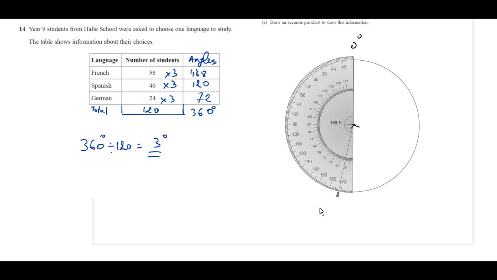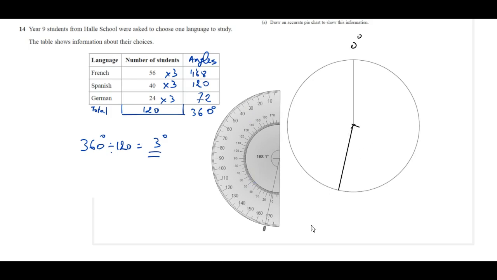We'll leave it. 168 plus 1, that should do. And draw the line. Normally, you would mark your 168 degrees and then remove the protractor and draw the line with the ruler. That's how we normally would do it.